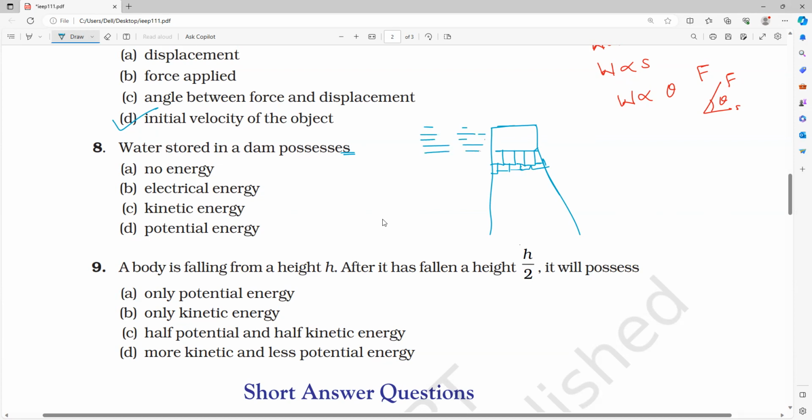As soon as you release the gates, the water will forcefully push out, and the potential energy is converted into kinetic energy. So the water stored in a dam always possesses potential energy.